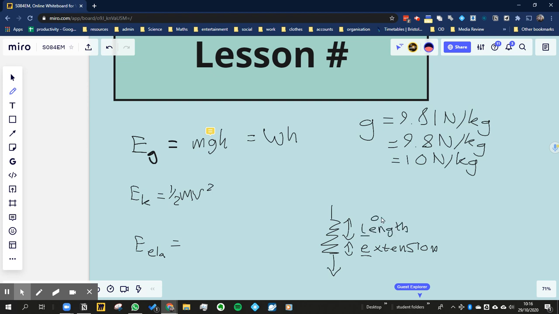So what kind of things do you think would affect the amount of elastic energy inside this stretched spring? Well, if I were to stretch this a lot and let go, it's going to come back with a larger force and make a larger bang again.